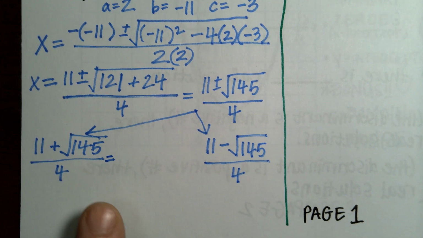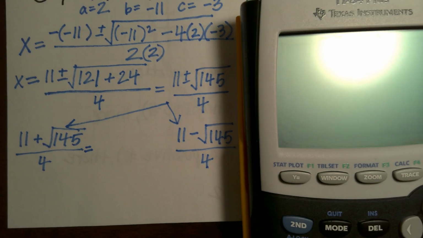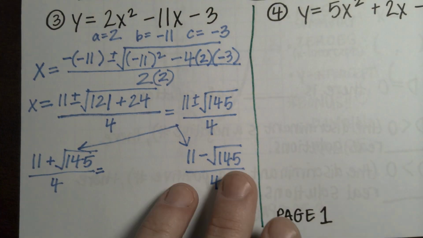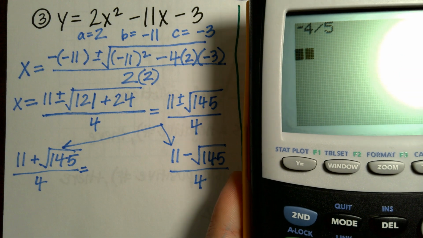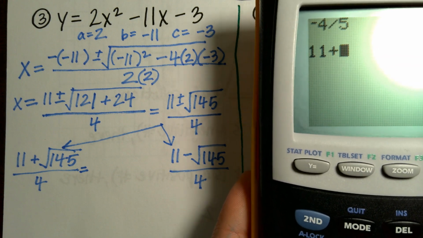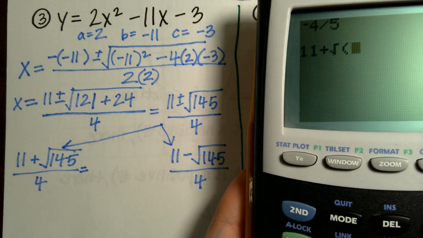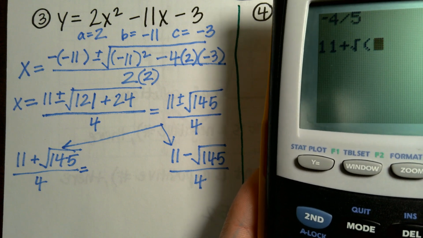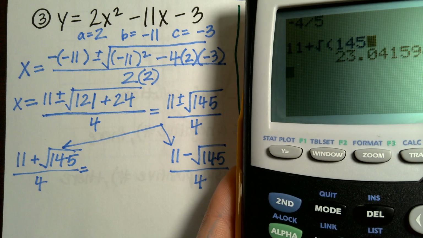Now remember, whenever you're typing these in your calculator, don't type it all at once unless you're using parentheses. So we need to do 11 plus the square root. Everybody remember how to use the square root function? Okay, perfect. 145. We're going to get this answer first and then divide by 4.